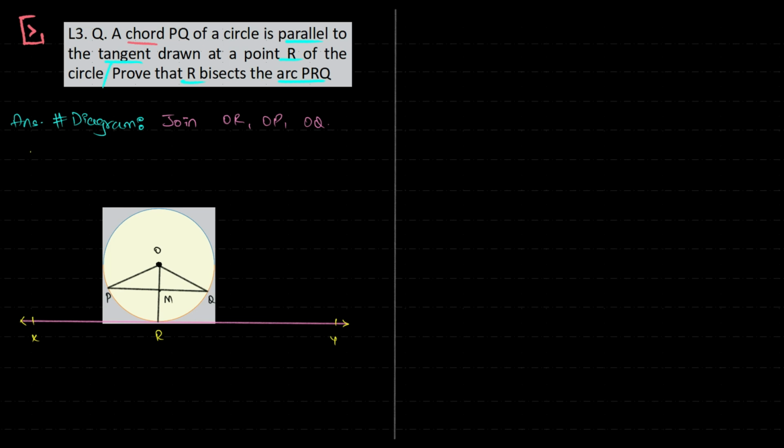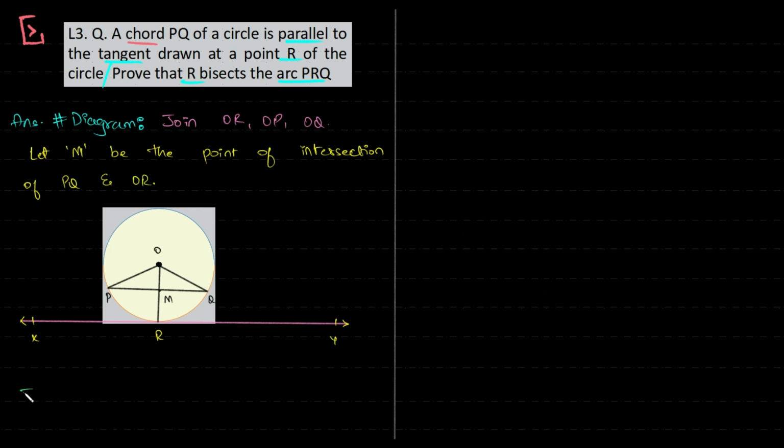So which color am I looking at? Yeah. Let M be the point of intersection of, it's very important because, well, we'll see, intersection of PQ and OR.